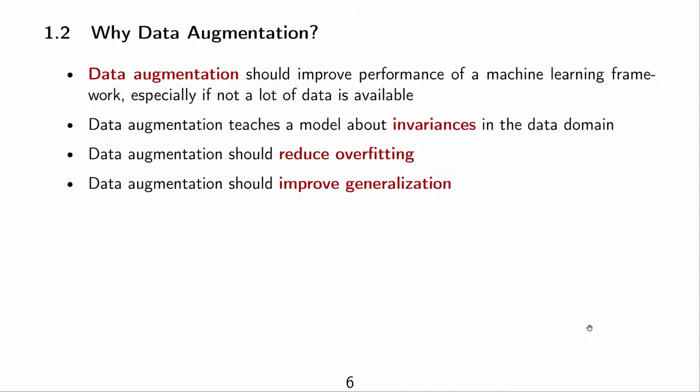One can think that data augmentation teaches the model about invariances in the data. For example, an image and a flipped image is some type of invariance, and by applying this transformation, you teach the model that it should be invariant to images being flipped.